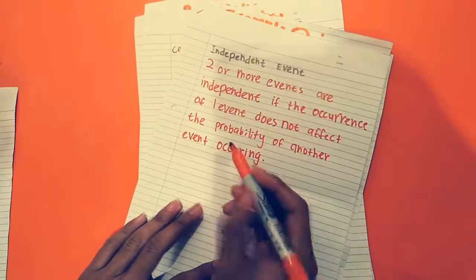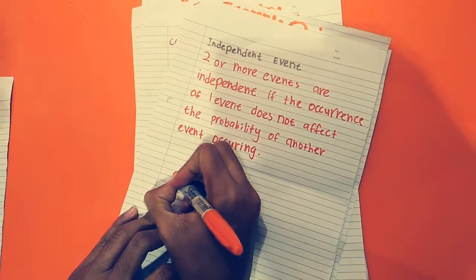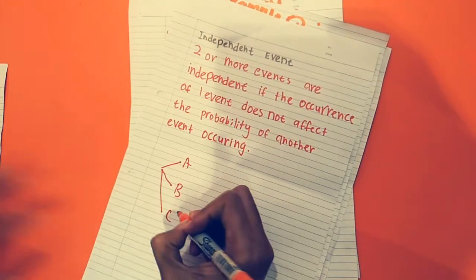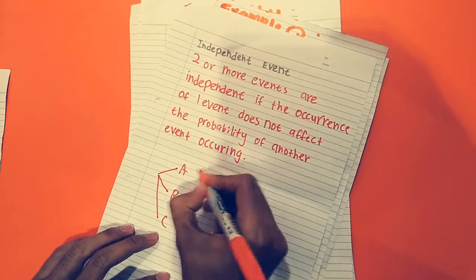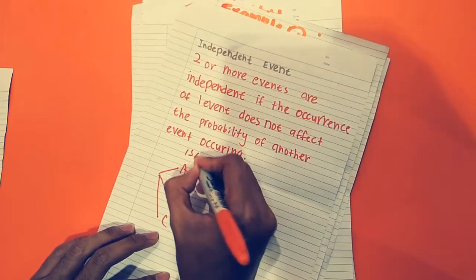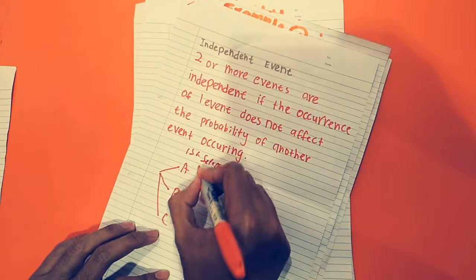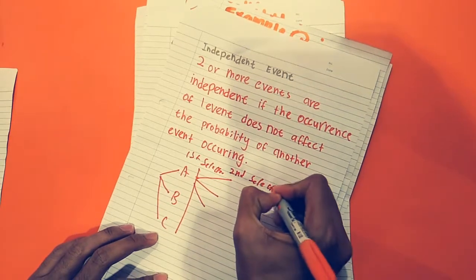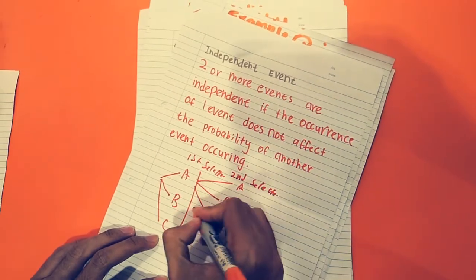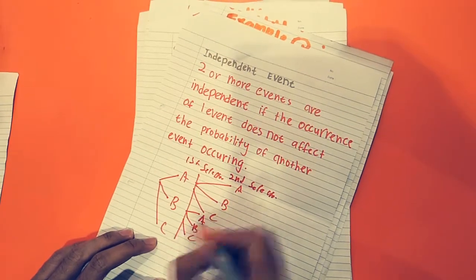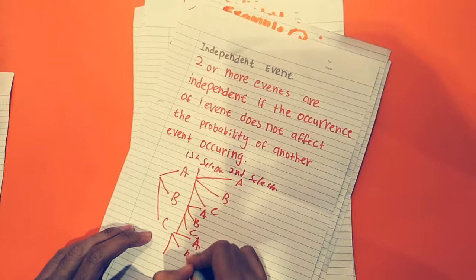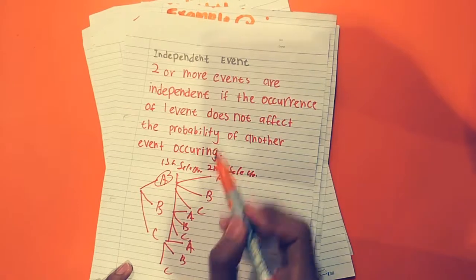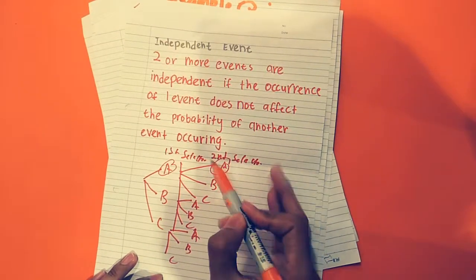For example, I give A, B, C. If it is replaced, this is the first selection, and this is the second selection: A, B, C. If we take A, then for the second selection there is still A because we replaced it.